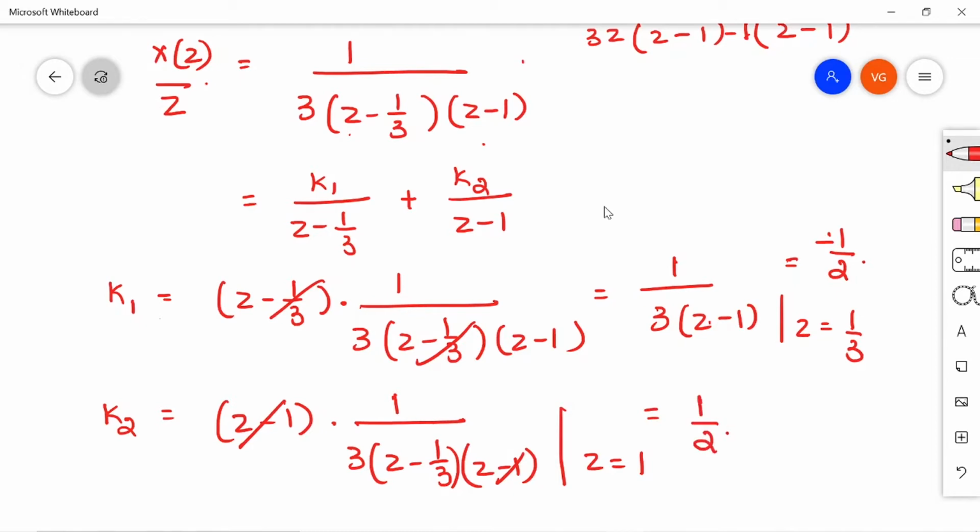Right, now put them back in the equation, X of z by z. Substitute the k1 and k2 values. So here I will get minus 1 by 2 into 1 by z minus 1 by 3 plus 1 by 2 into 1 by z minus 1. This is X of z by z.